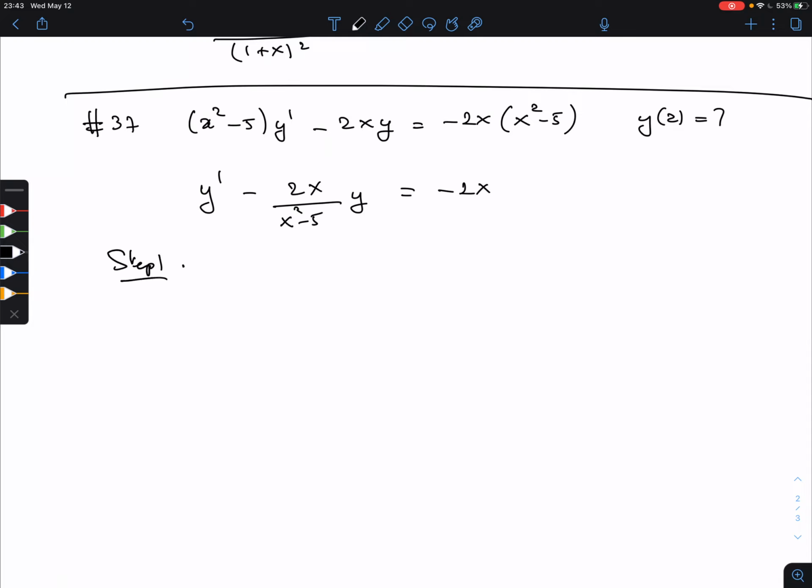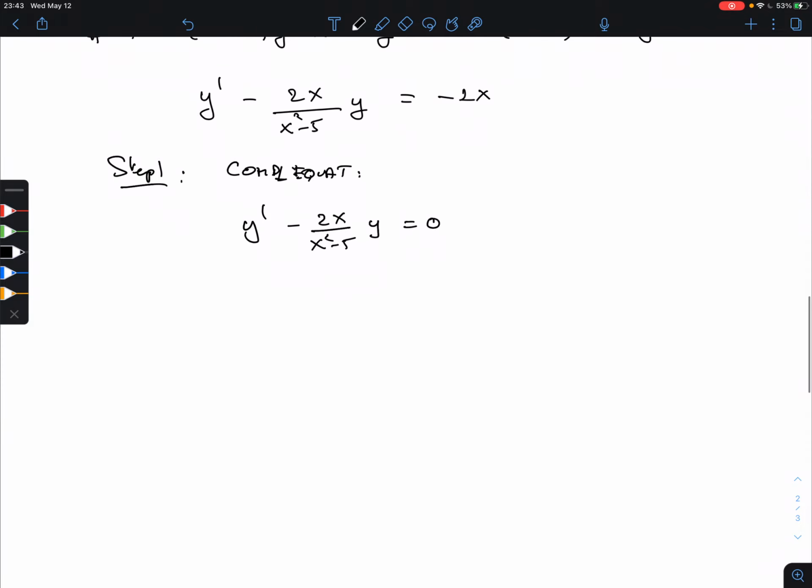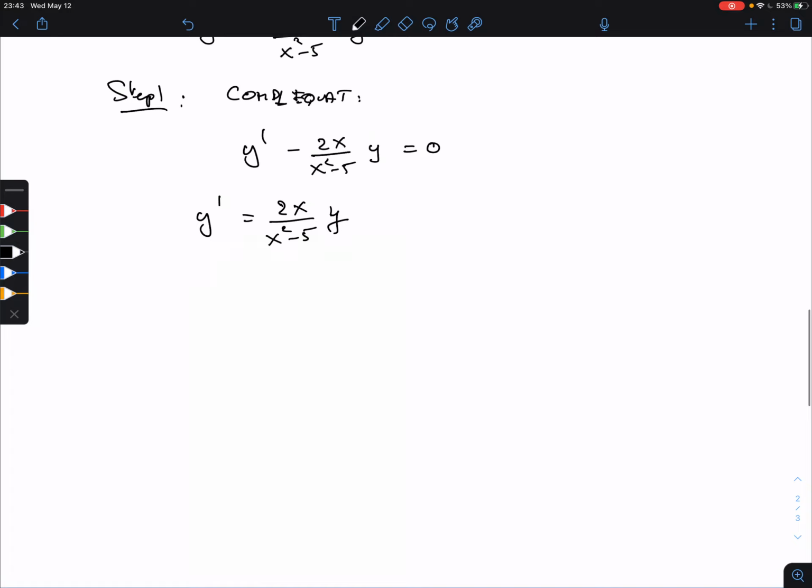The complementary equation, of course, is the left-hand side, the terms that contain y. So the complementary, homogeneous equation is y prime minus 2x over x squared minus 5 times y equals 0. Now, y's have to go to one side, so y prime equals 2x over x squared minus 5 times y, and so this is y prime over y equals 2x over x squared minus 5.